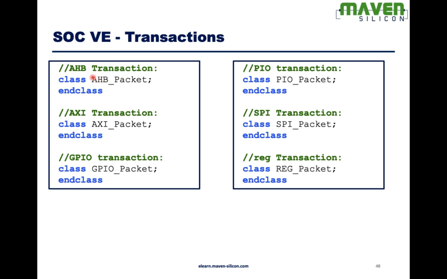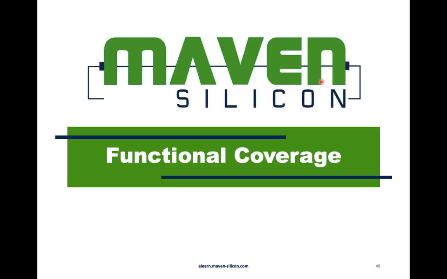And if you look at, we define all the members within the class as random. That's how we are going to generate random packets. So there will be different random AHB packets, different random AXI packets, different random GPIO packets, different random PIO packets. That's how we would be generating different kinds of random packets.